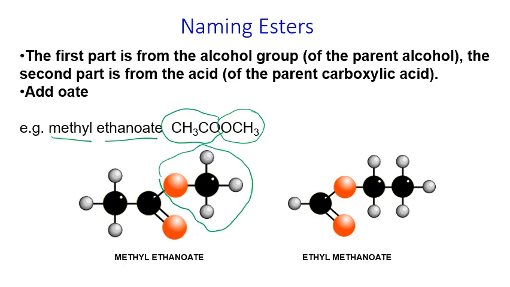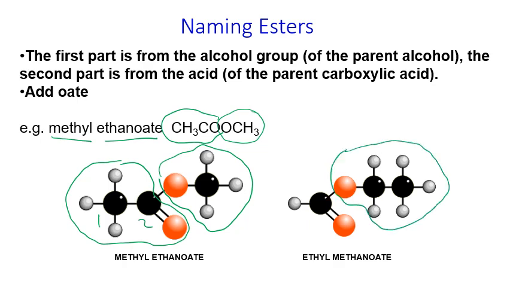That's the methyl part, and then the ethanoate part is going to come from the acid. And it's 2 carbons, so it's ethanoate. Conversely, ethyl ethanoate comes from ethanol, this part here, and methanoic acid, or formic acid as it's also known, comes from ants. But for IUPAC, it's methanoic acid.